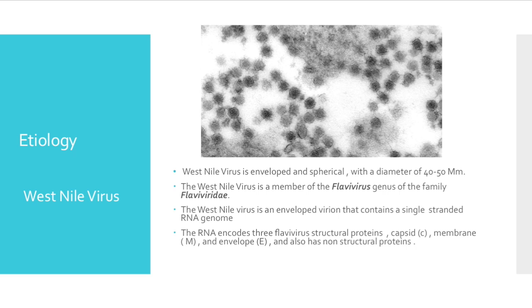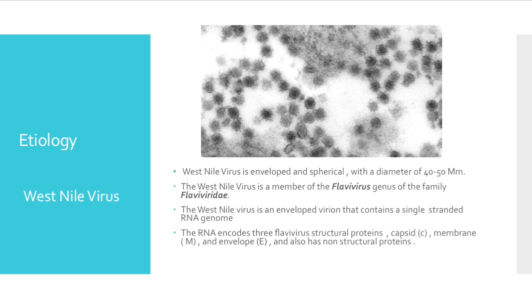We can see here that the West Nile virus is enveloped and spherical with a diameter of 40 to 50 nm. The West Nile virus is a member of the flavivirus genus of the family Flaviviridae. Hopefully I said it right, but you get the whole idea.